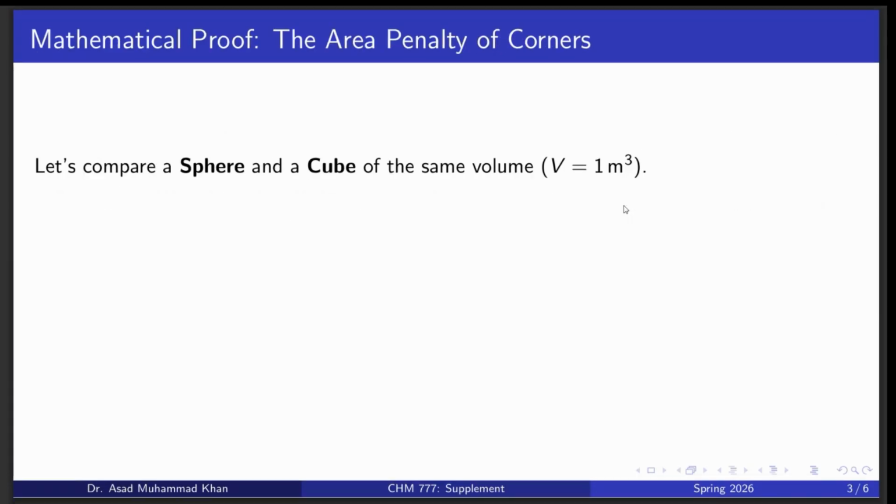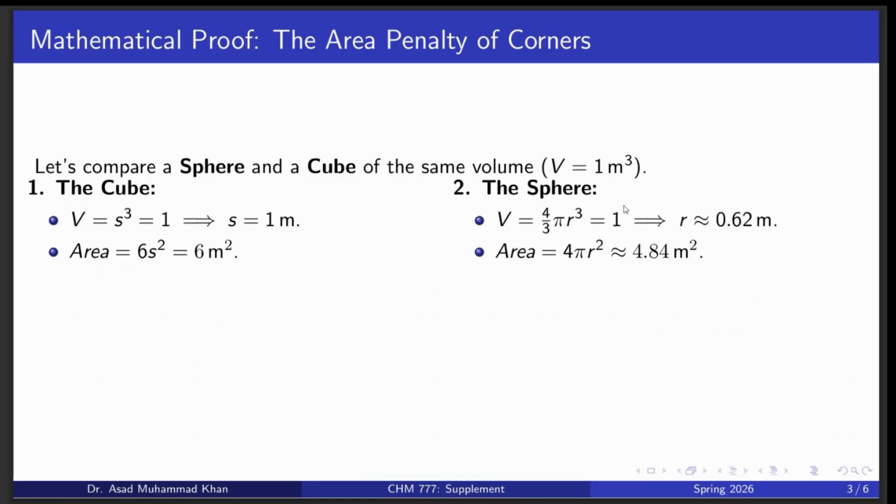ठीक है. So let's say we compare a sphere and a cube of the same volume, that is 1 meter cubed. So for a cube, we have V equal to S cubed equal to 1, so S is equal to 1. So area is 6S squared or 6 meter squared.